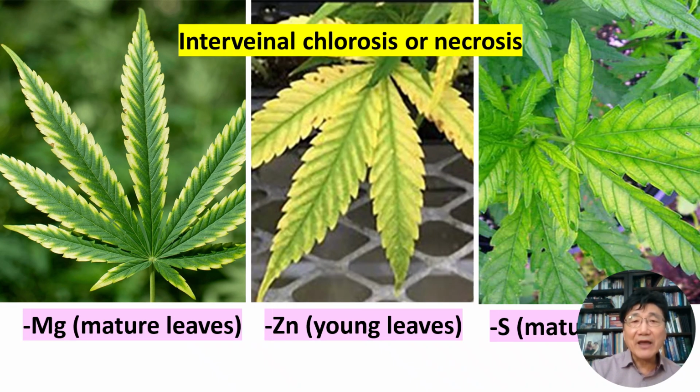Magnesium is mobile, so deficiency symptoms start in the lower leaves. Mature leaves show chlorosis between veins. Interveinal chlorosis appears in magnesium, zinc, and sulfur deficiencies.